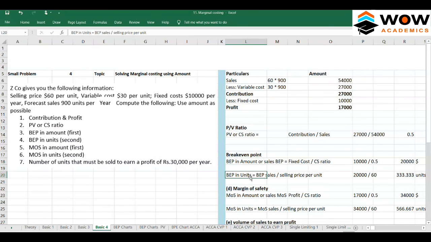So you should be flexible in both. The initial problems in marginal costing will be a little bit confusing, but once you get adapted to it, it becomes quite easy. So ensure you get adapted to marginal costing problems. From here we'll move on to BEP charts.